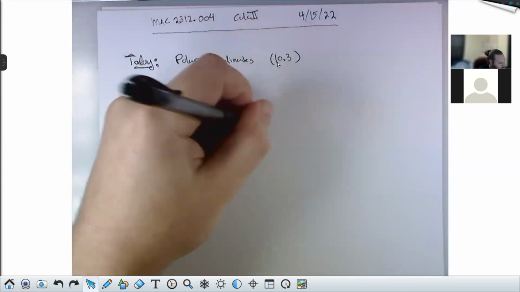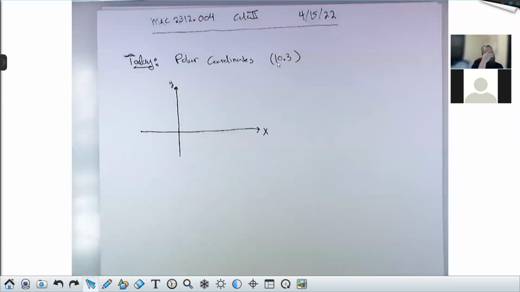The normal XY plane, as you know it, is sometimes called the Cartesian plane. And that's named after the man René Descartes, who was a philosopher in the Renaissance era. You've heard the saying, I think, therefore I am, or cogito ergo sum in Latin. That saying is from the same guy, René Descartes. He was a philosopher, mathematician, true Renaissance man.